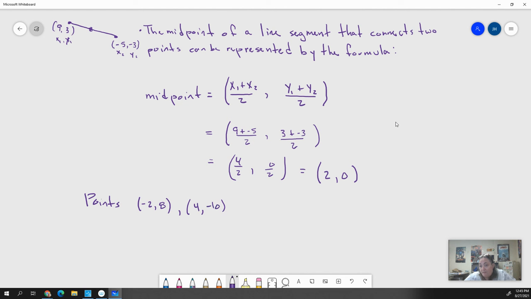I want you to find the midpoint. Once you found the midpoint, I want you to put it into the chat box, but do not hit send until I say so. I want everybody to hit at the same time. We're going to chat bomb.